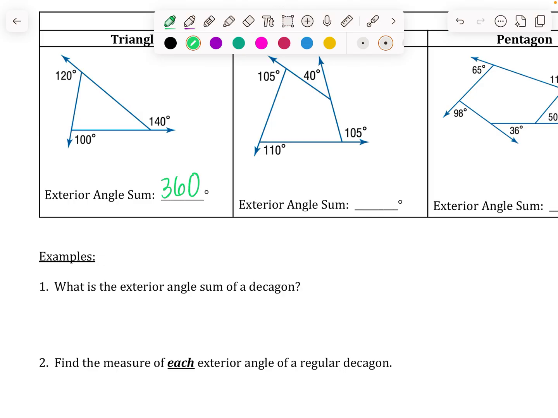So 180 minus 120 would be 60, 180 minus 100 would be 80, and 180 minus 140 would be 40. Notice that if you add these three together, the interior angles of a triangle add to 180. So the exterior angle sum of a triangle is 360.